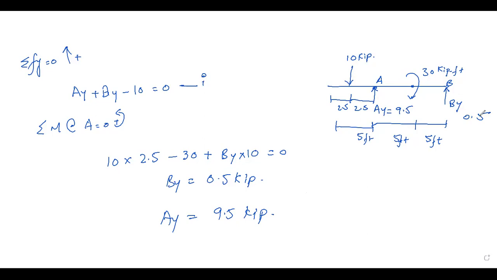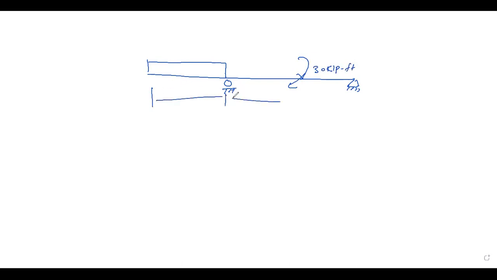So it is time to draw the shear force and bending moment diagram. For the diagrams, we first make the beam, the original figure. Here we have a UDL. Here we have a support at A, a roller support. Here we have a hinge support. Here we have a moment of 30 kip-foot, and the distances from here to here are 5, 5, and 5.